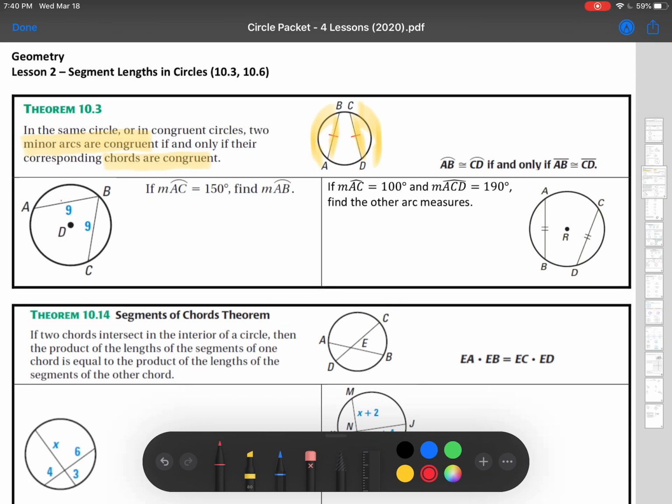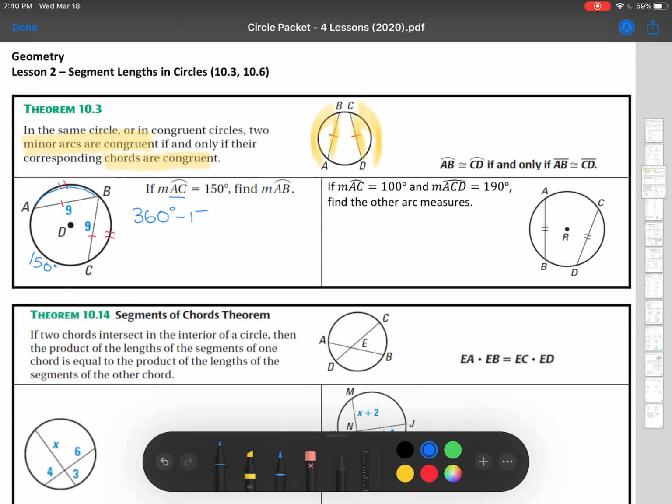We see two chords that are the same length, and so that means that these arcs will have the same measurement. They're giving me some info in the problem. It says that the measure of minor arc AC is 150 degrees, so less than half the circle. And we're supposed to find the measure of arc AB. You know how the whole circle has 360 degrees total?